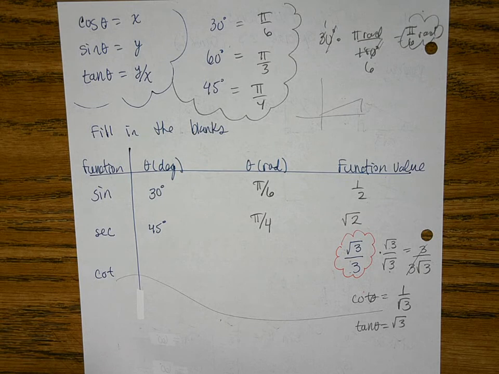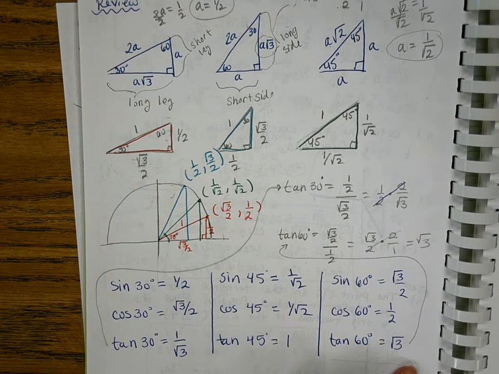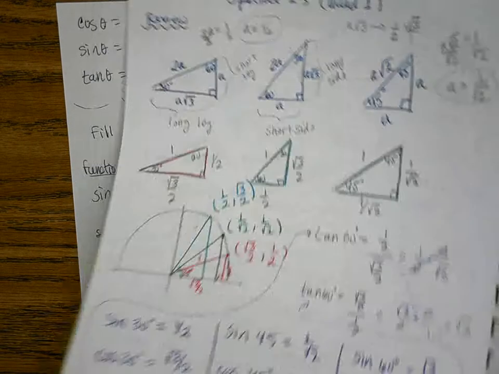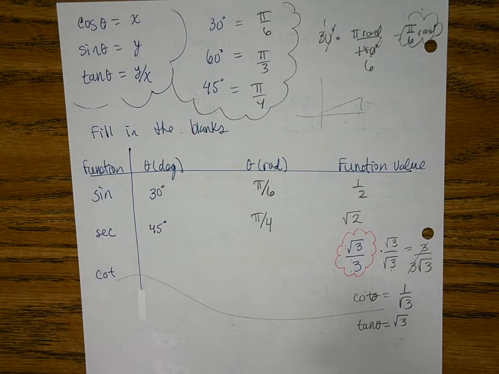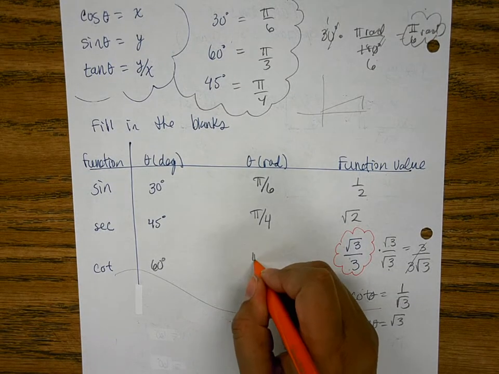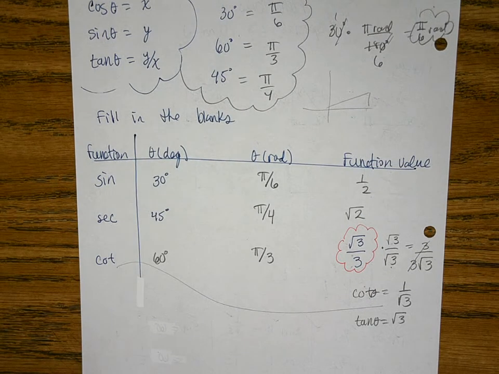So look back at your chart. There's one place where tangent is root 3. Can you find it? Tangent is root 3 at 60 degrees, which means cotangent would be 1 over root 3. So tangent of 60 is root 3, which is what we're looking for. So our angle here is 60 degrees, which means our theta is pi over 3.